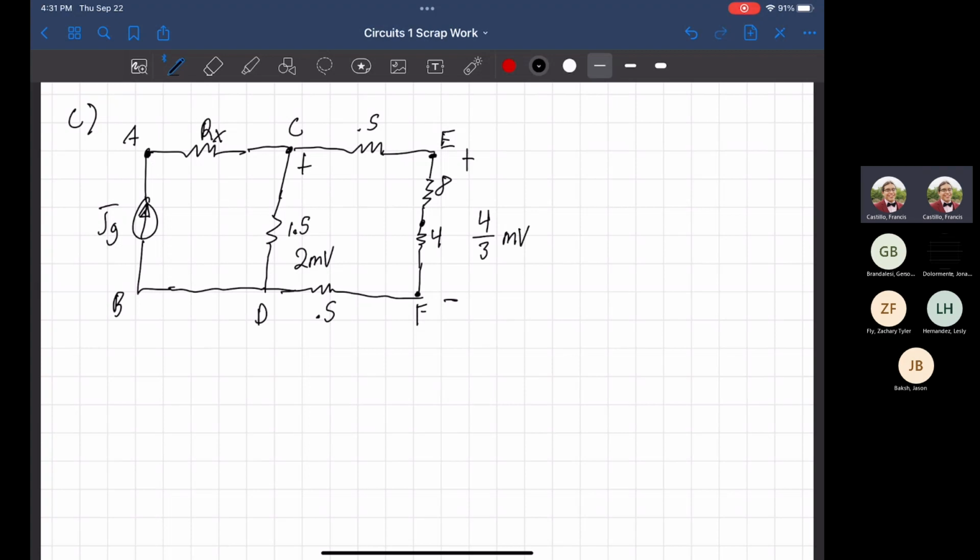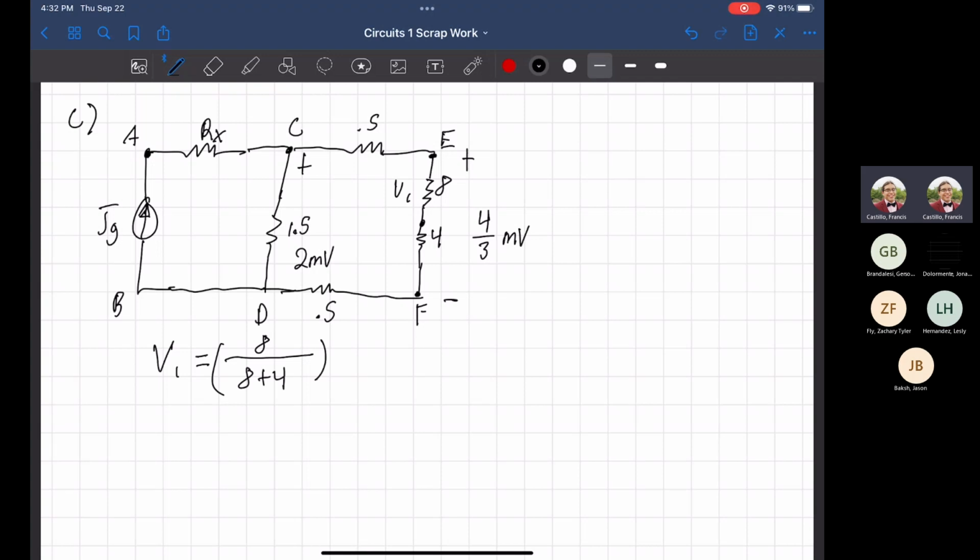So the final voltage divider equation we'll be using for V1, so this is V1 right here, is equal to the resistor value that we are using to find, which is 8, over the summation of it, which would be 8 plus 4. That is the resistor value there.